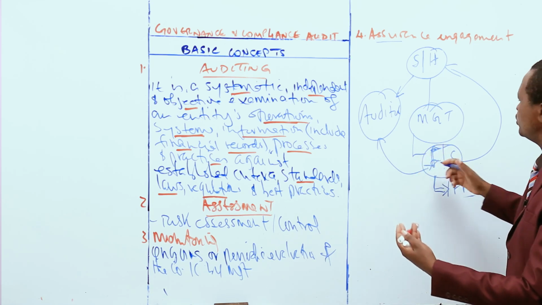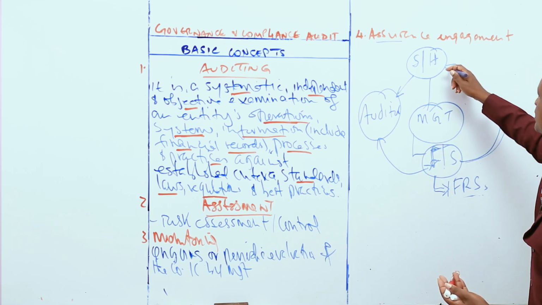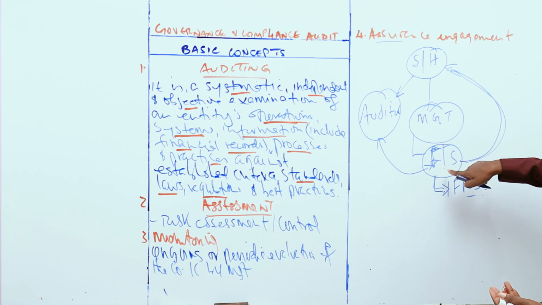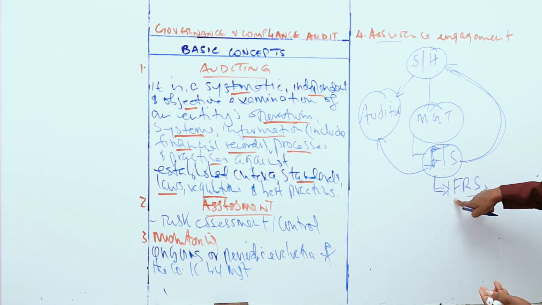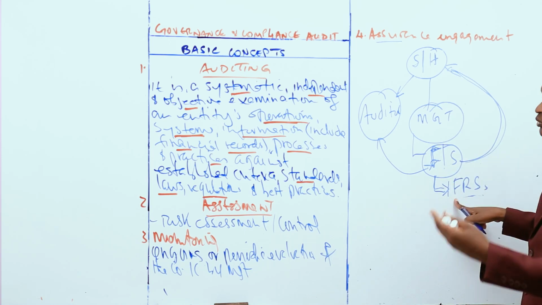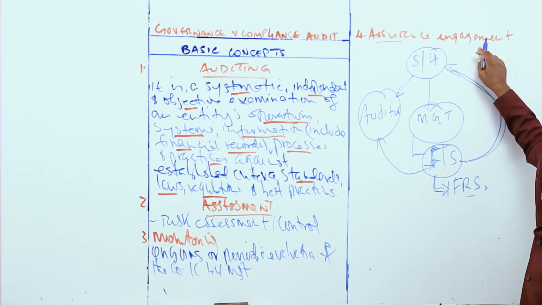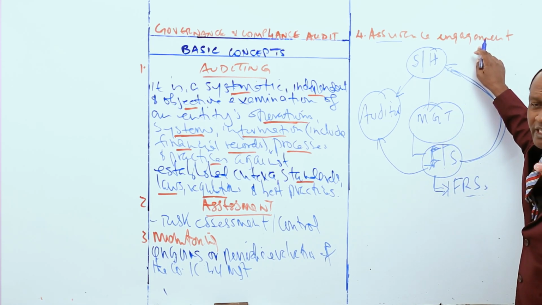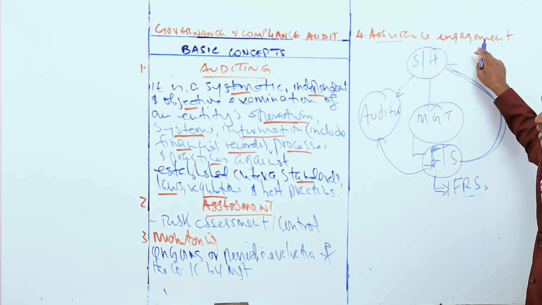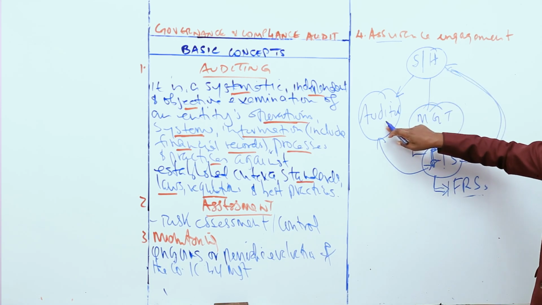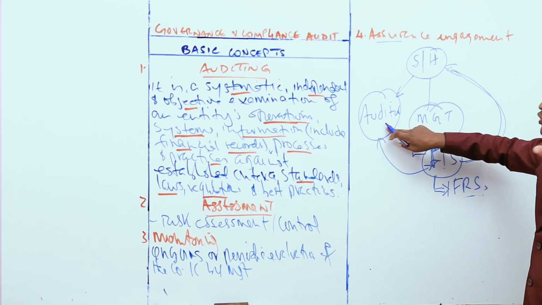The auditor assures the shareholders that the management has prepared the financial statements in line with an applicable financial reporting framework. So an assurance engagement is an engagement or an arrangement where a practitioner like an auditor expresses a conclusion designed to enhance a degree of confidence.